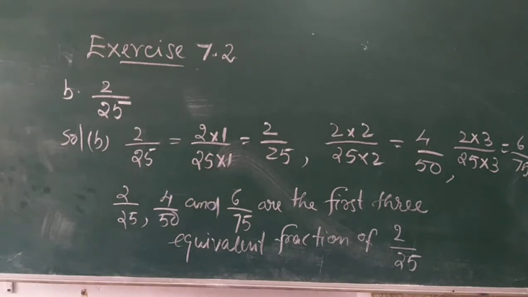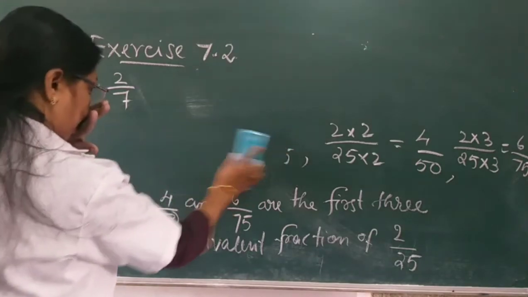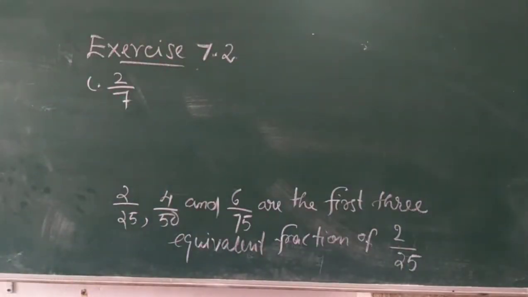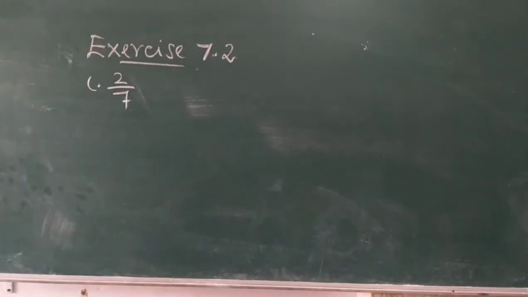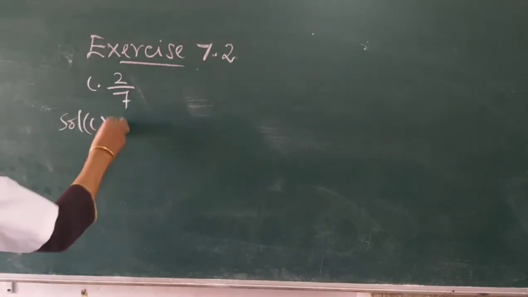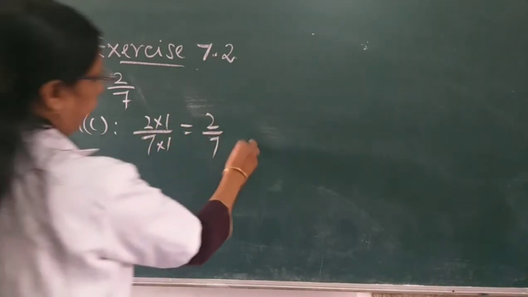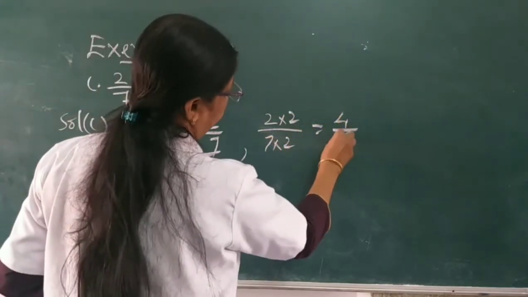Next is 2 by 7. First one is 2 by 7. Second one is 2 by 7 into 2 into 2, that is 4 by 14.